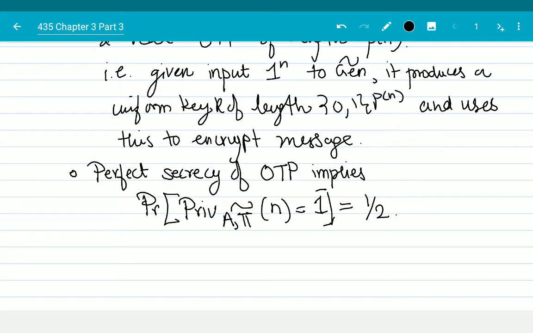Now, to analyze how D works, we look at certain things.